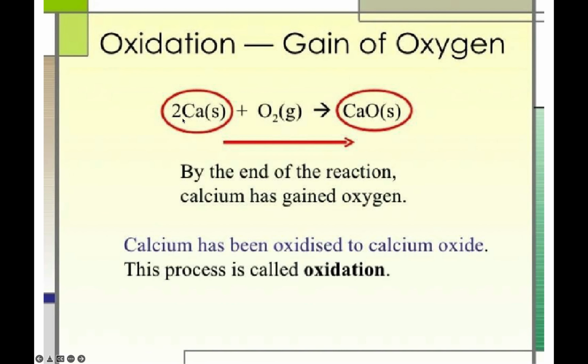Another equation we have is 2 calcium plus oxygen giving CaO. By the end of the reaction, calcium is gaining oxygen and calcium is oxidized to calcium oxide. We call this process oxidation. I have taken many simple examples for you to understand the concepts of oxidation and reduction. Do write all these concepts and learn, because only if you write it and learn, it will stay in your memory.